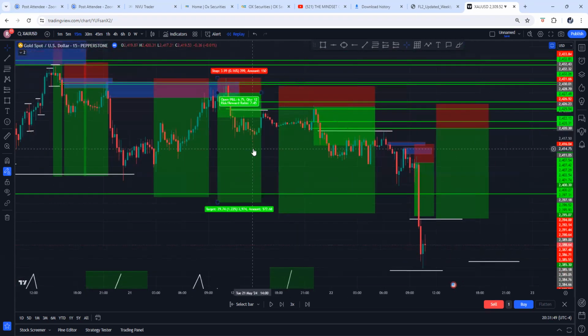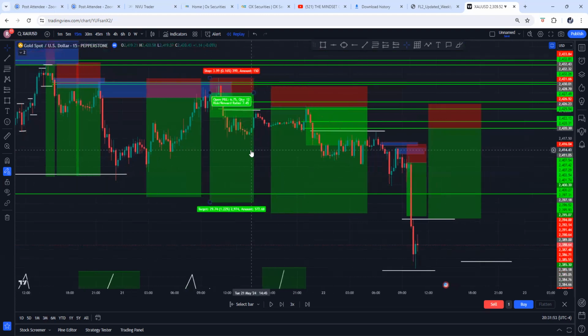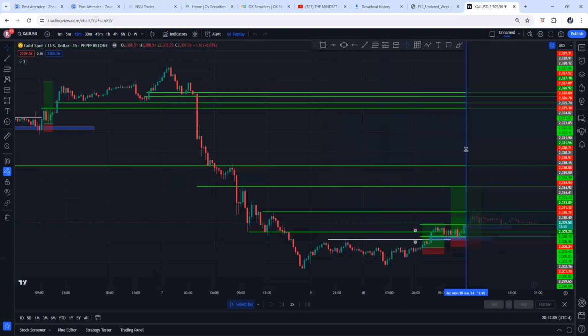I'll show you guys different entry models, because that's how you get more opportunities in the market. I'll show even more recent trades that we took.